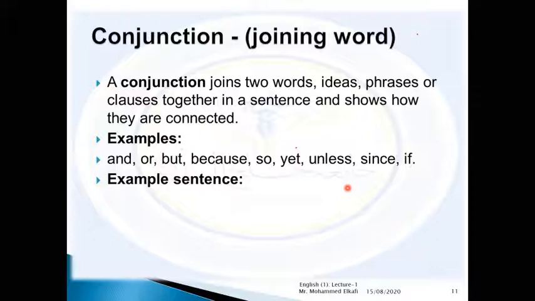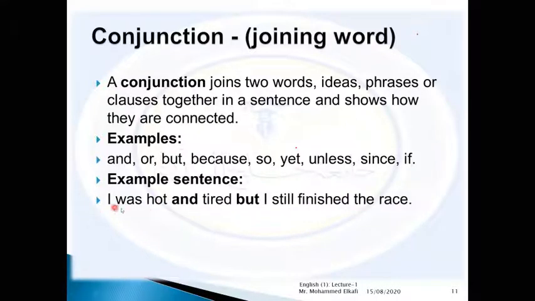Here, let's use them in some examples. I was hot and tired, but I still finished the race. So I was hot, this is an adjective, and tired, also another adjective. Hot and tired.